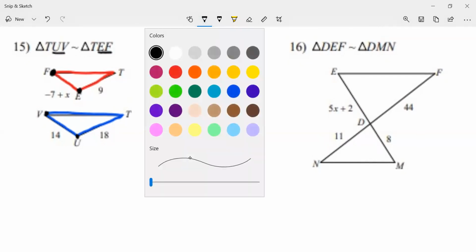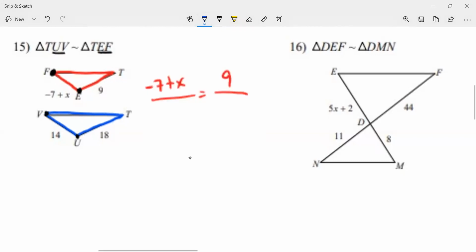So I'm going to say that negative 7 plus x goes with 14. And 9 goes with 18. If you like to simplify, because you want to deal with small numbers, 9 over 18, you can call that 1 over 2.